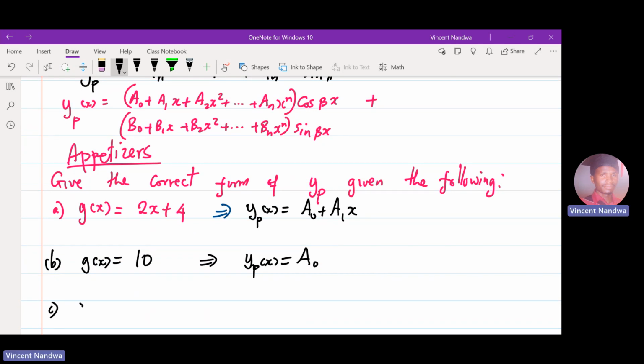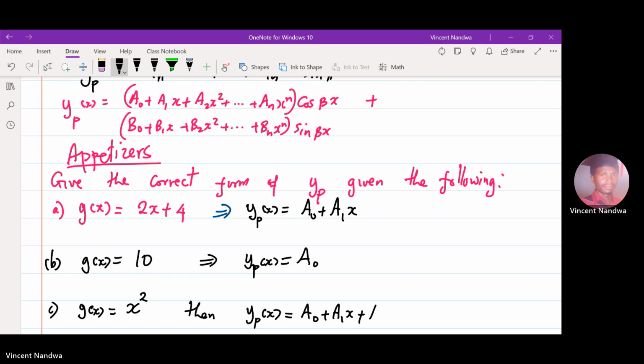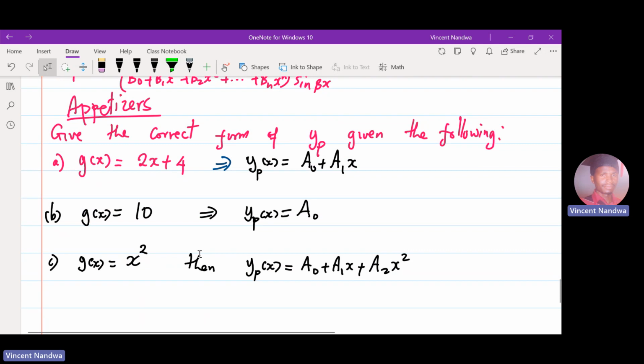If we have g of x given by x squared, the key thing is that the function given is a polynomial of degree 2.